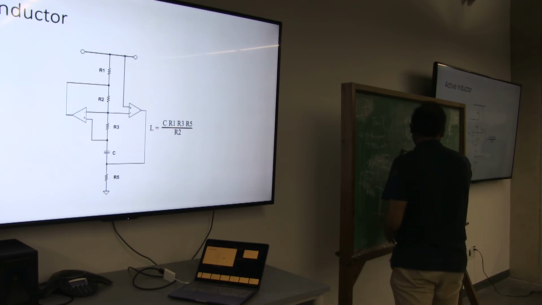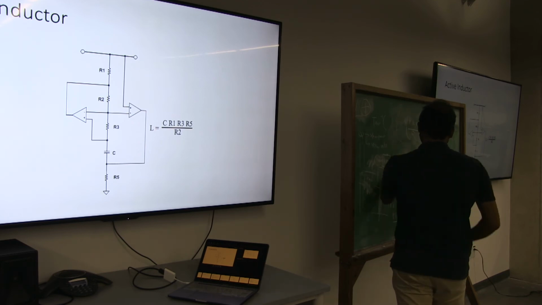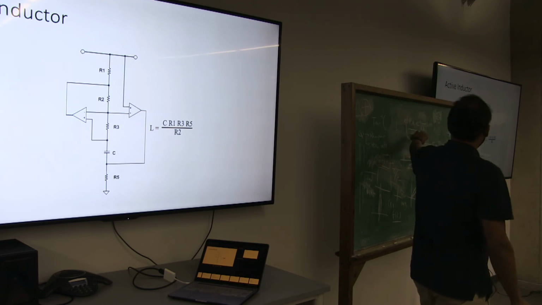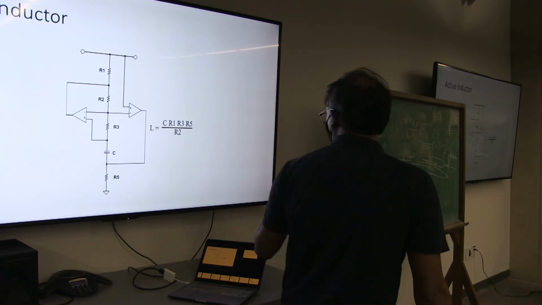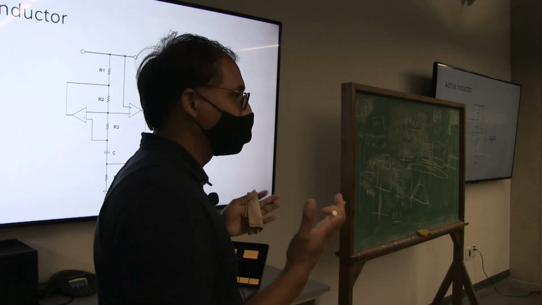S is j omega. So, whenever S is in the numerator and there is a constant value, we will call it an inductor. This is an inductor in a certain frequency range.